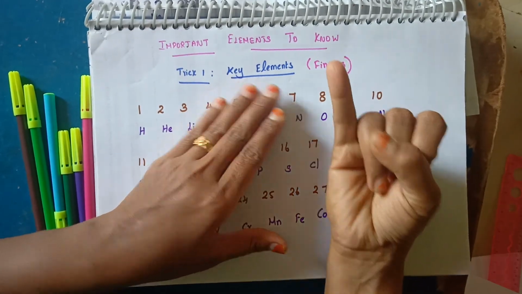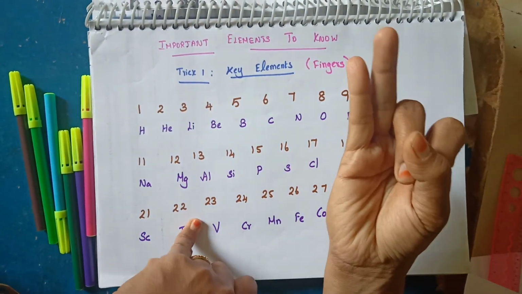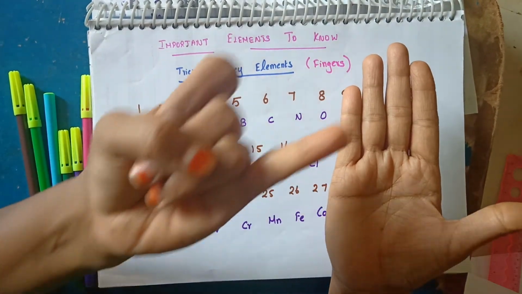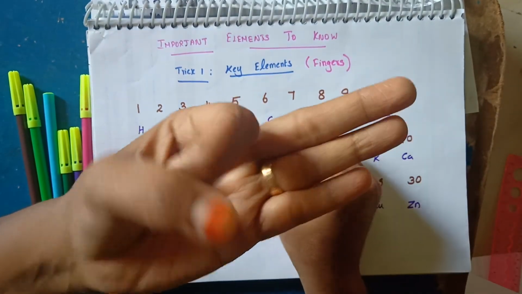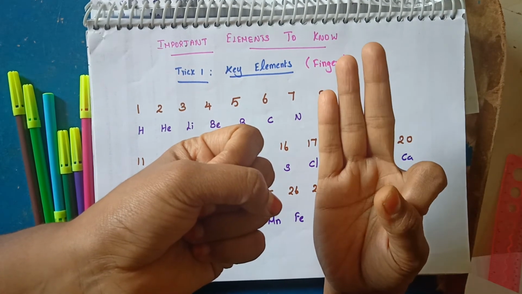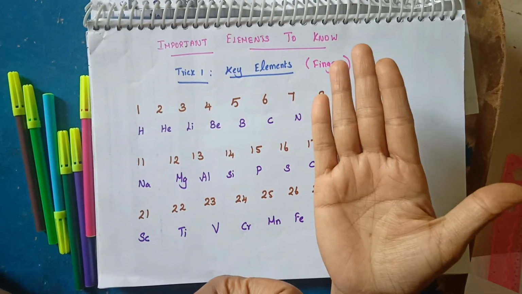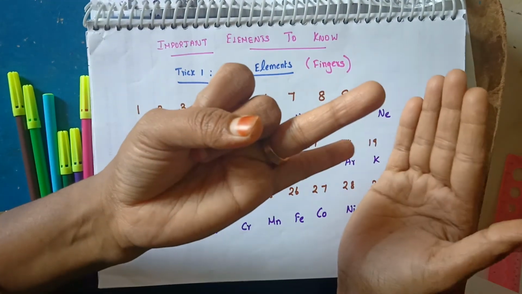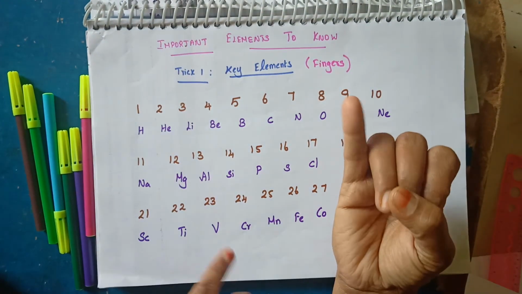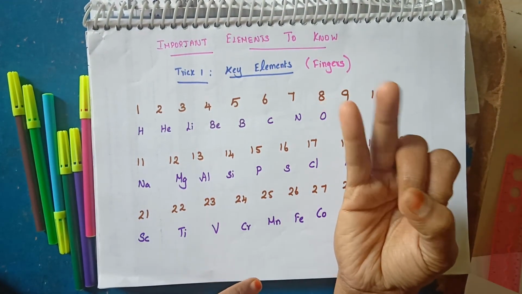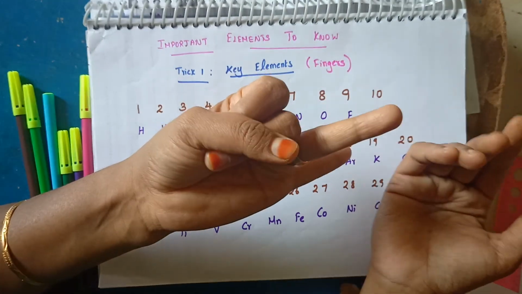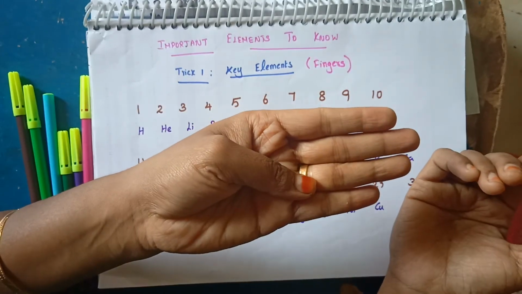We start from 1: hydrogen, helium, lithium, beryllium, boron, carbon, nitrogen, oxygen, fluorine, neon, sodium, magnesium, aluminium, silicon, phosphorus, sulfur, chlorine, argon, potassium, calcium. The next, 21 to 30: scandium, titanium, vanadium, chromium, manganese, iron, cobalt, nickel, copper, zinc.